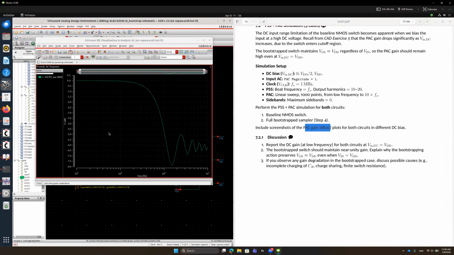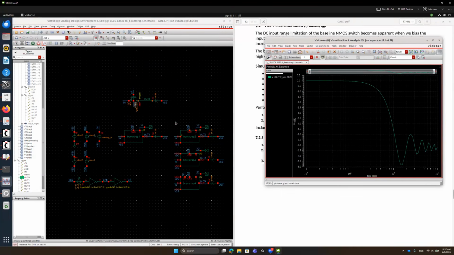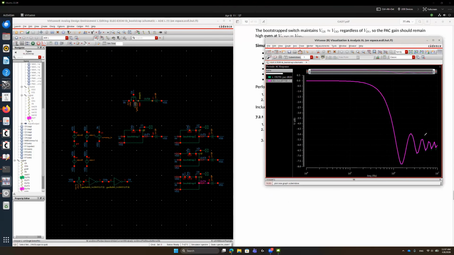you can see that it shows our expected result of the track and hold operation, which is the theoretical analysis that we did. This is alpha 4. You can see that our bootstrap switch has slightly higher response at high frequencies.